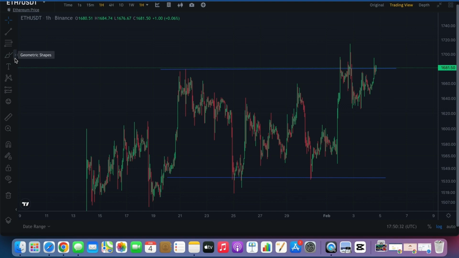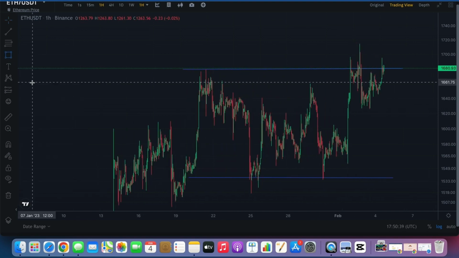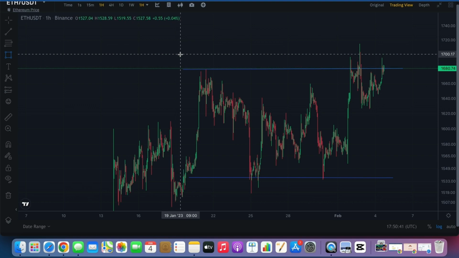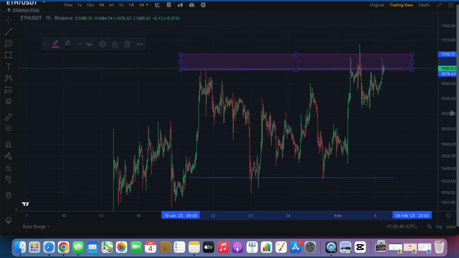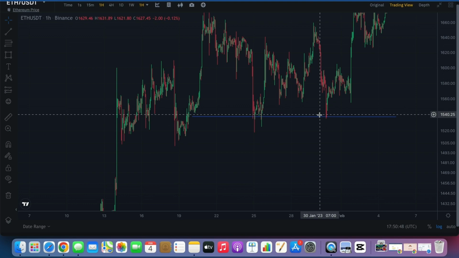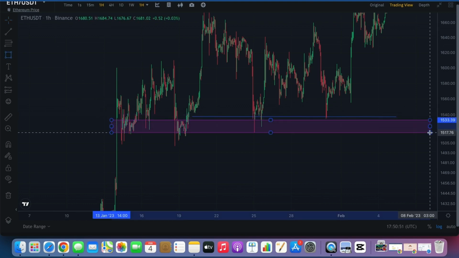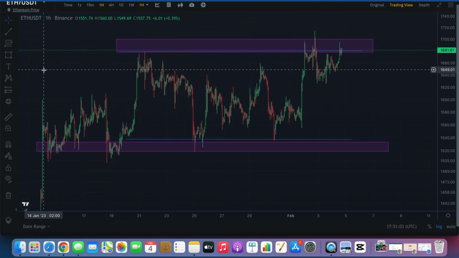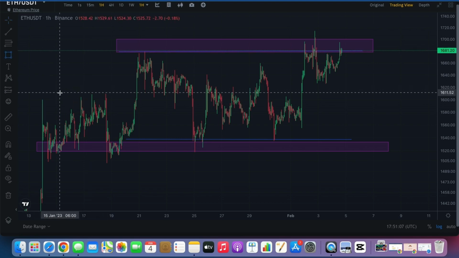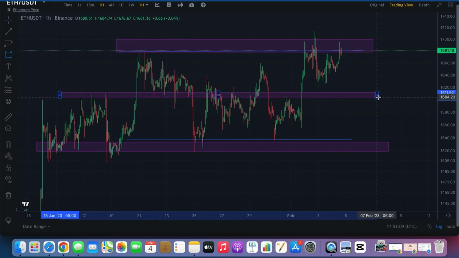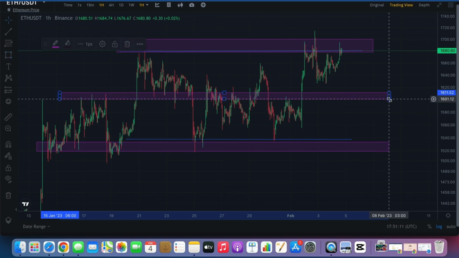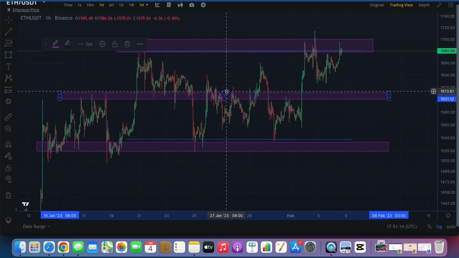Click on this arrow and select this rectangle, and you can select an area using this rectangle like this. This is a resistance area, right? And you can draw a support area here. This is a support area, right? And you can always draw other local support areas like this. Here also there is good price action and a good support and resistance area.